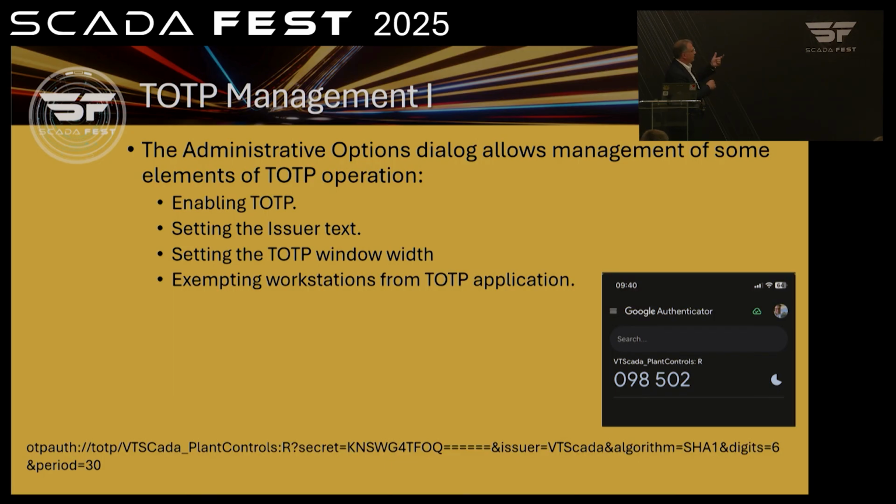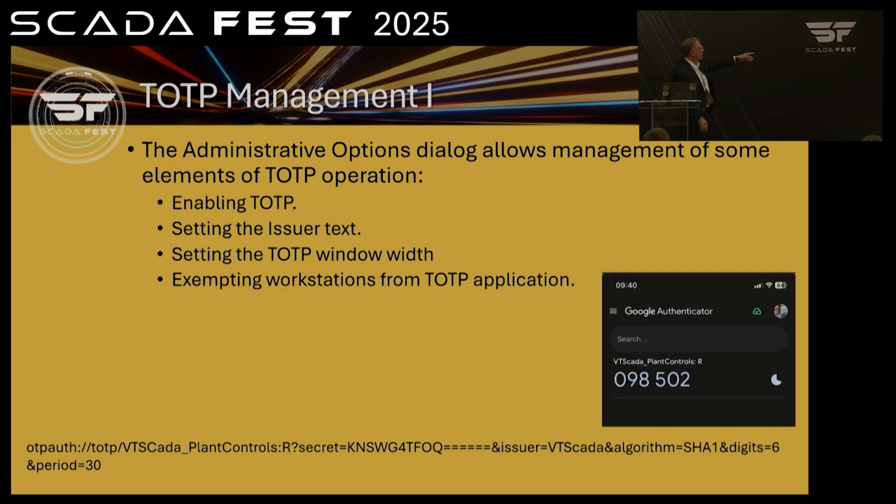But the metadata I'm talking about is the VTScada plant controls. This is what we call the issuer. The Authenticator takes this URI and would label that specific registration with that issuer.